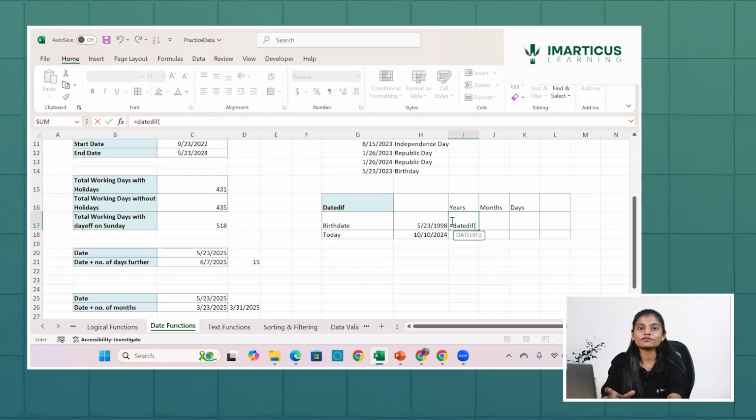Now in this DATEDIF, what is the first value which would be given? It's the start date. Now what is the beginning date? That's my birthday, comma. And the other date, that's my end date. I can obviously mention today, or I can select this date. Those are the two dates which I want to find out.